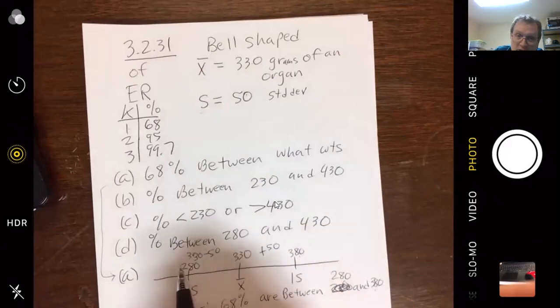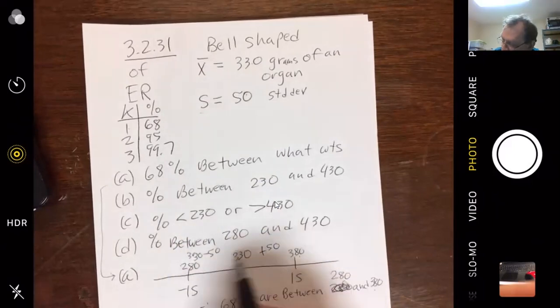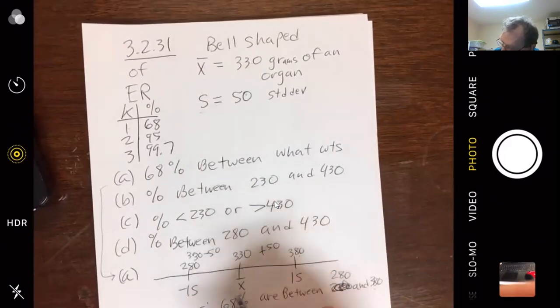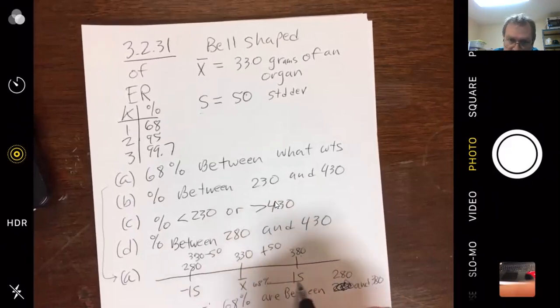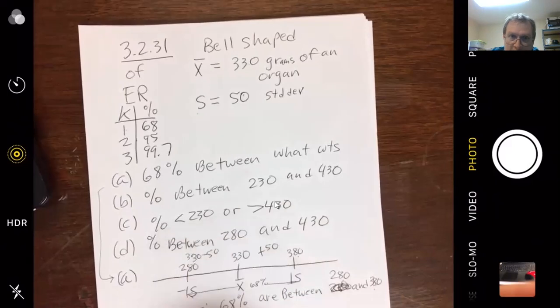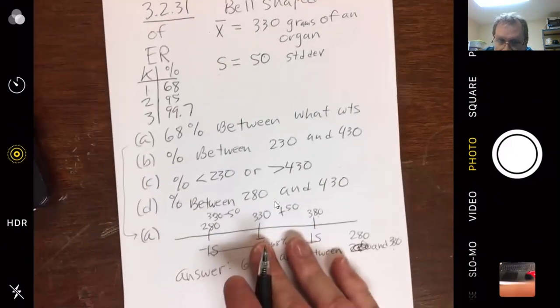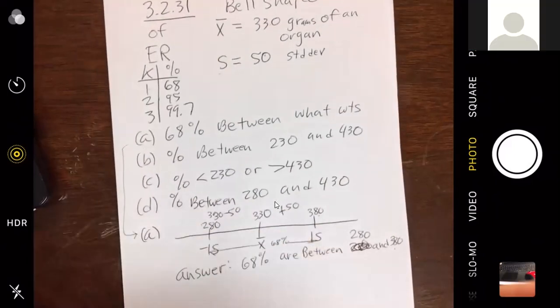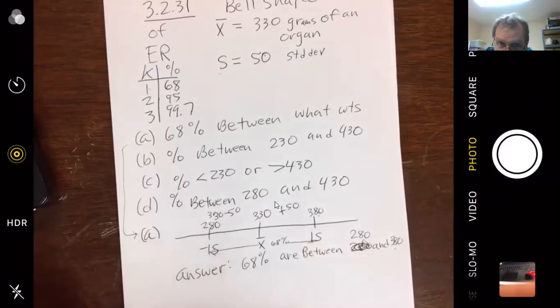So 330 minus 50 should be 280. So in this interval, you're within one standard deviation of the mean, and 68% lie between those two numbers, 280 and 380. Okay, so think you got that?